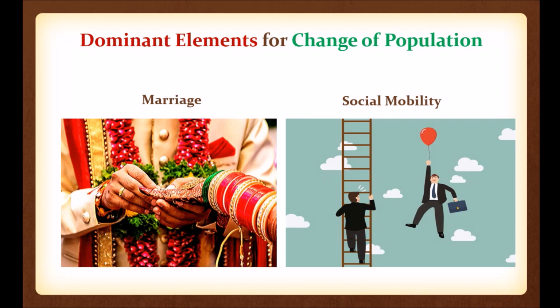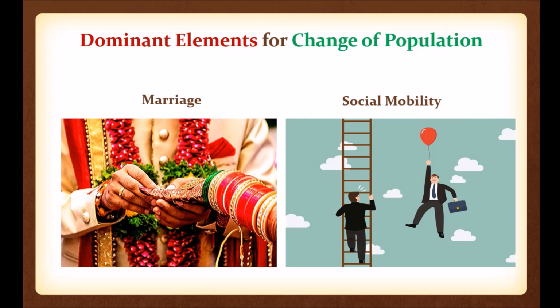So on the left side is a picture of marriage, and on the right side is a picture of social mobility. One man is trying to improve his position and another man is going down. Why?